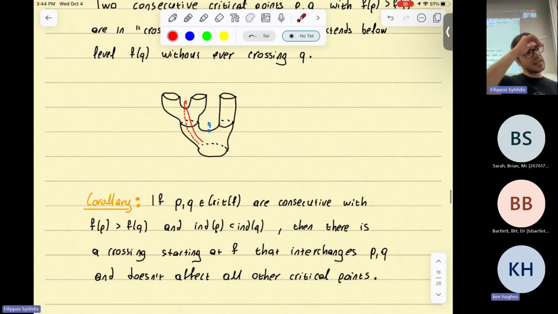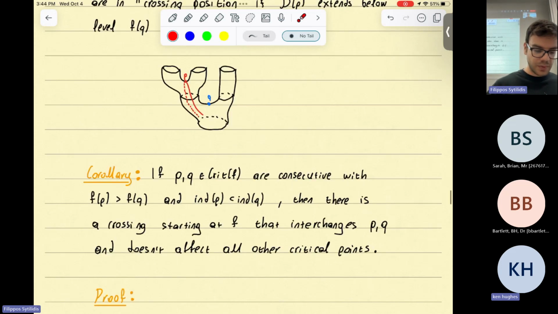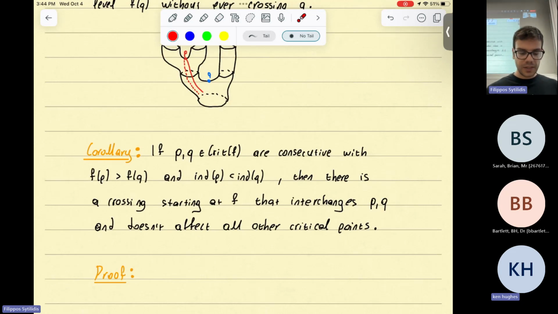And this one has a nice corollary: you give me consecutive critical points P and Q, and f of P is greater than f of Q. If it so happens that the index of P is less than the index of Q, then there is going to be a crossing starting at f that interchanges P and Q and doesn't affect other critical points.